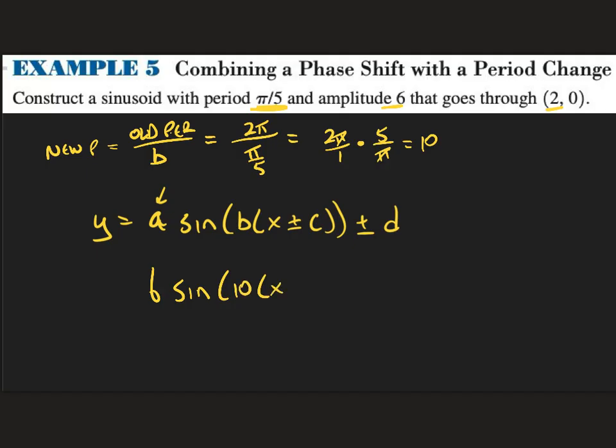But now it goes through (2, 0). So if it's to the right, we shift it right, minus 2. The minus is part of the equation, like a long time ago in Algebra 1 when you were doing slope-intercept form. It does not shift up or down, so we don't have to worry about that.